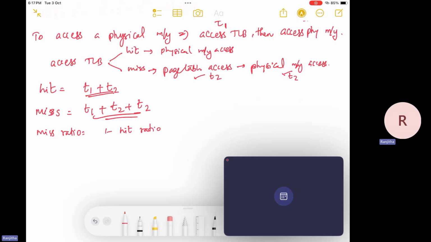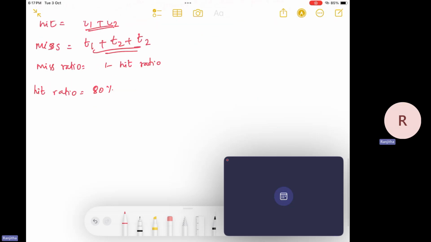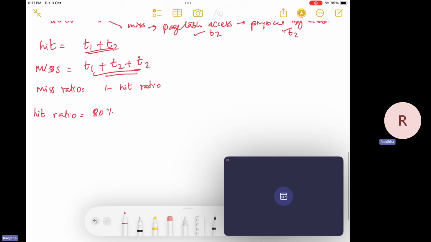So for that, the example that was discussed in the class: let's see this example. Hit ratio is given as 80%.